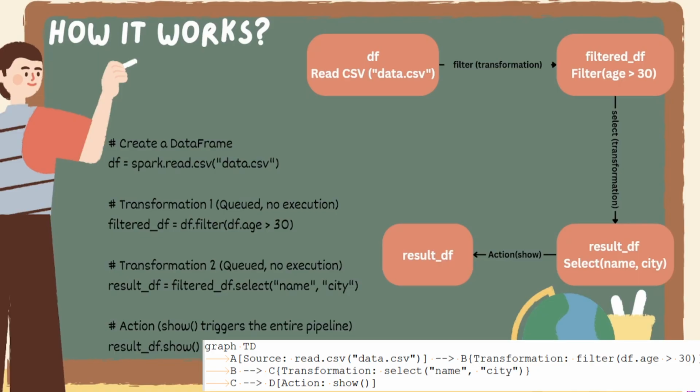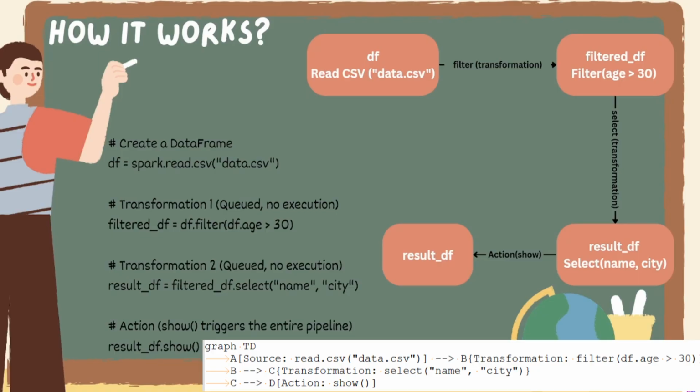Instead, it only stores the metadata like the schema, column names, and the file path. The actual rows of data are still untouched. In the next line, we are applying the filter. It keeps only the rows where the age column is greater than 30. But remember, transformations are lazy. Spark does not scan the data yet. It just adds this step to its internal DAG.